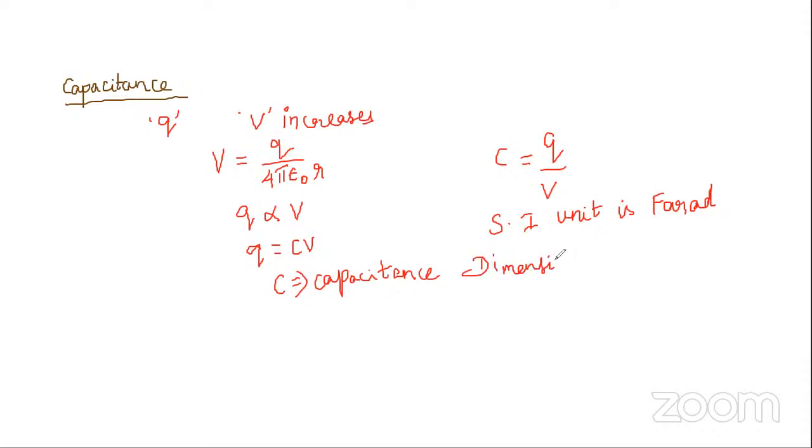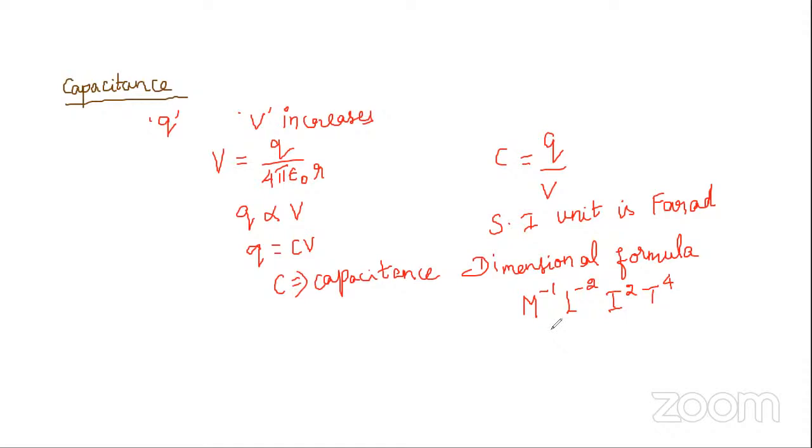The dimensional formula is M power minus 1, L power minus 2, I squared, T power 4. This is the dimensional formula for capacitance.